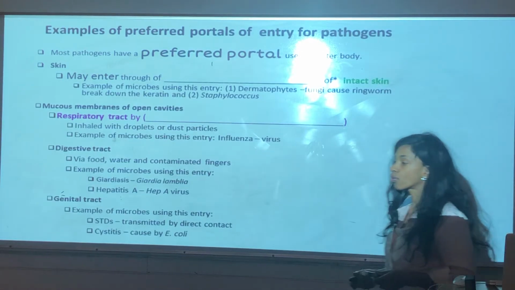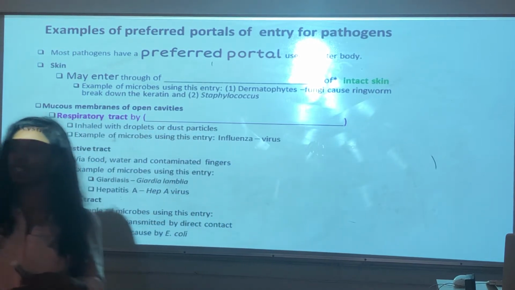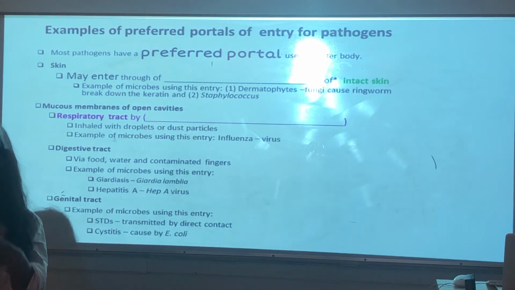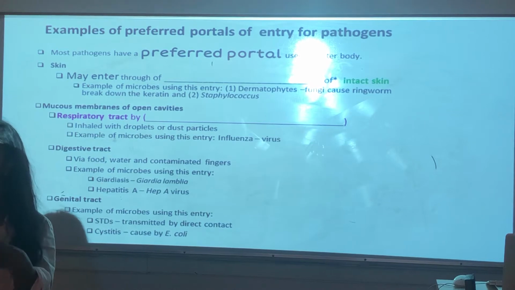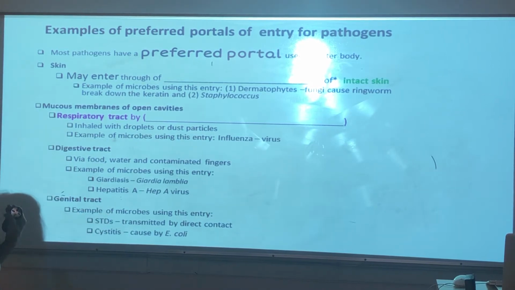Well, the preferred portal of entry is where the foreign invader naturally attaches. They have an attachment site at that point, and they're most likely to get in at that area. This is the most common way the organism will enter their host. They'll always attach to the same site, so this is the most common site of entry for that particular organism.